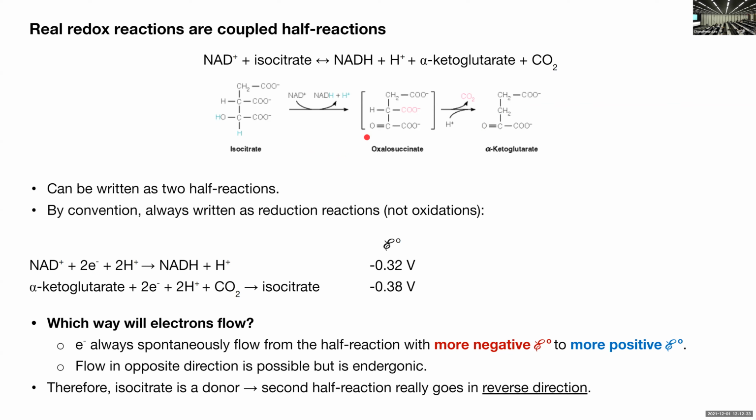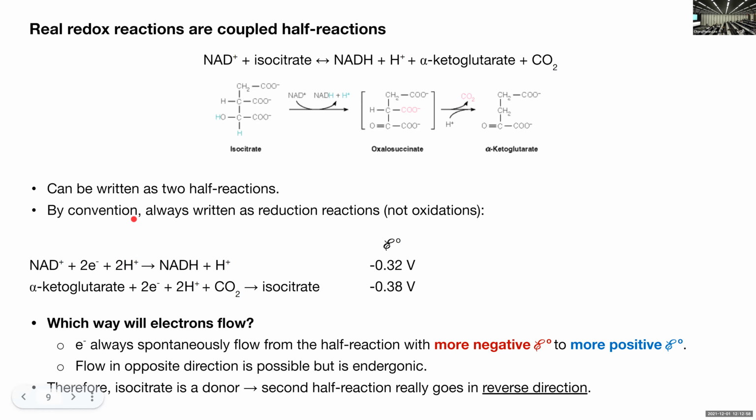And here in this reaction, NAD plus is involved, working as an oxidizing agent. So it itself gets reduced to NADH. So the half reaction would be this NAD plus gets 2 electrons, and there are 2 hydrogen cations there to get the NADH and H plus.